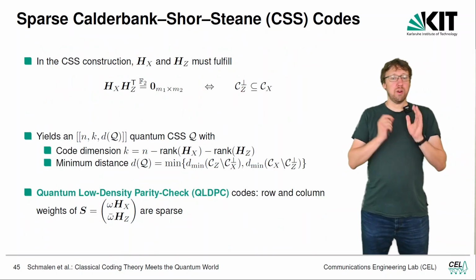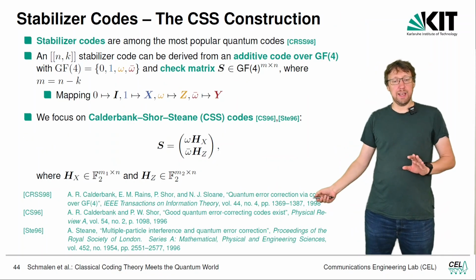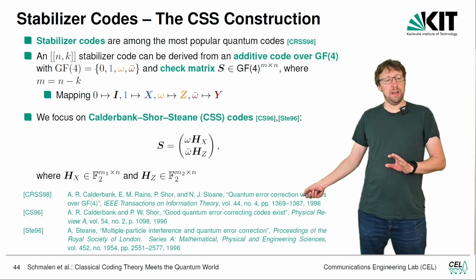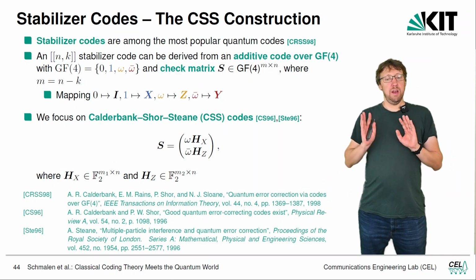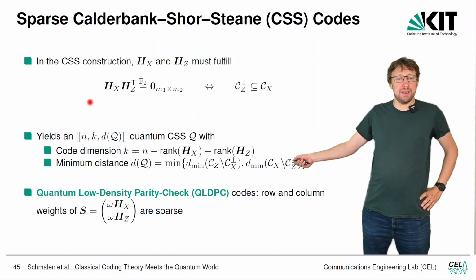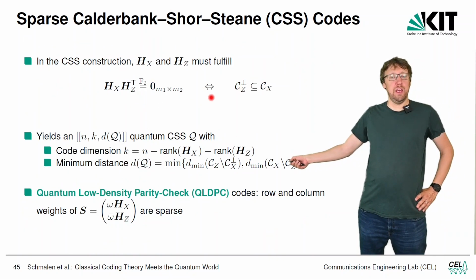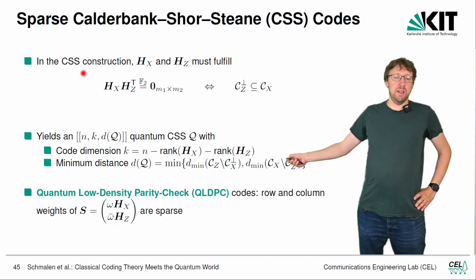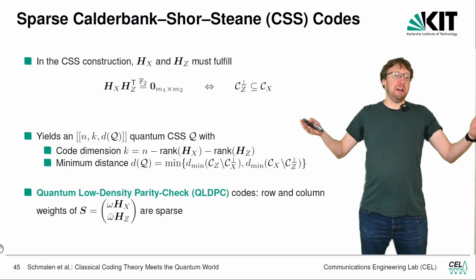Now we have some condition. You cannot just take any HX and any HZ. Doesn't work. You need some condition. The condition is that HX times HZ transpose must be equal to 0. So these matrices must be kind of orthogonal.